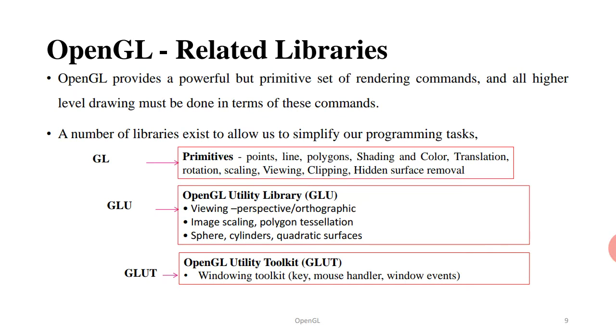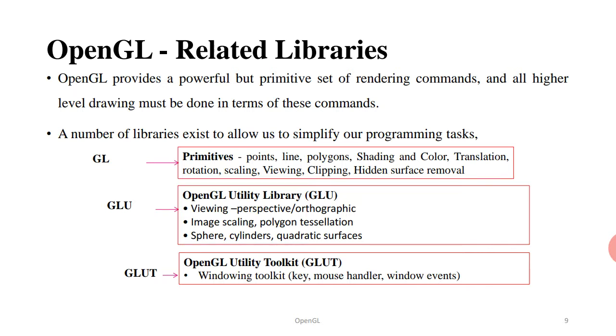In OpenGL, related libraries are available. OpenGL provides a powerful but primitive set of rendering commands and all higher level drawing must be done in terms of these commands. A number of libraries exist to allow us to simplify our programming tasks.